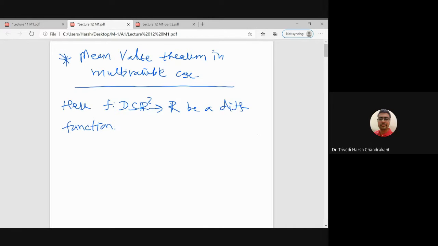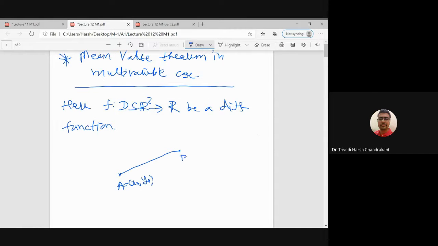and we have 2 points A and B, where A is the point (x0, y0) and B is the point (x1, y1).